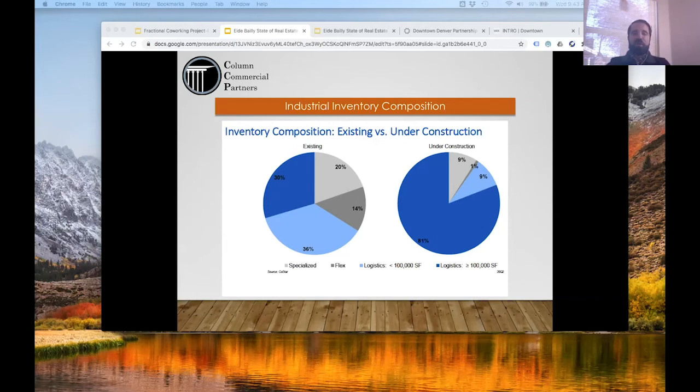It's worth noting, I mentioned that Amazon's taking 100,000 square feet of office space in Denver. They also took 400,000 square feet of warehouse space up north of Denver. That trend is going to continue for Amazon and the other third-party logistic providers, and that's why a lot of this under construction is these large-scale logistics properties.